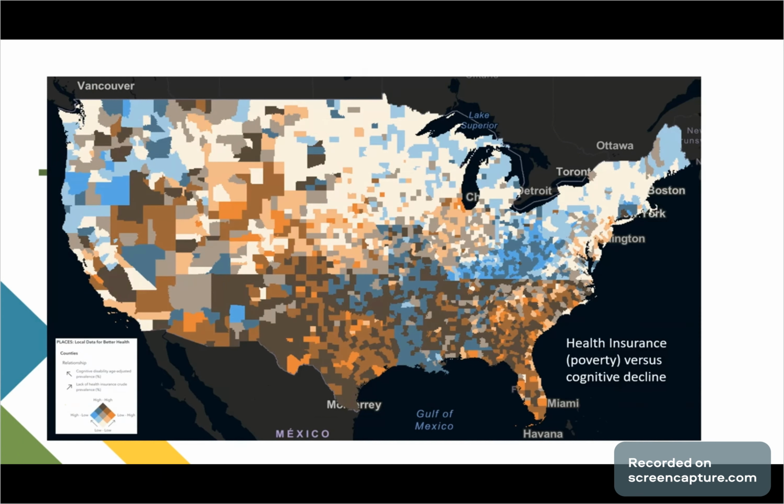Now, looking at health insurance versus cognitive decline, we kind of see similar patterns. Now, we don't necessarily see the Appalachia region being highlighted. And again, the health insurance was used as a proxy for poverty. That's what was done. This is from the PLACES data set, CDC PLACES.